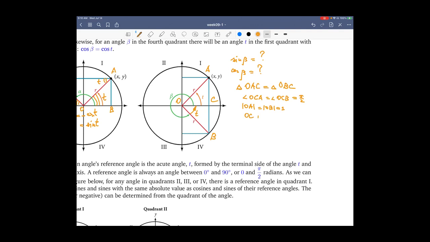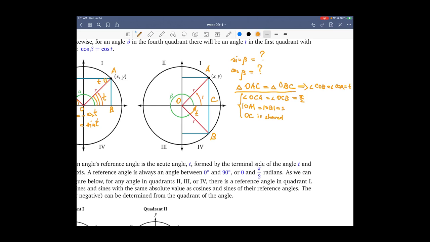The side OC is shared. So all these 3 things imply that the triangles are equal. And because the triangles are equal, we have that the angle COB equals the angle COA equals t. All right.